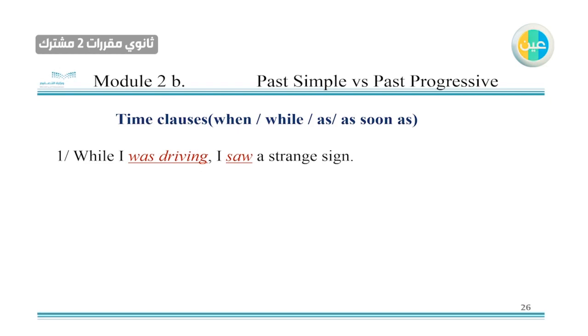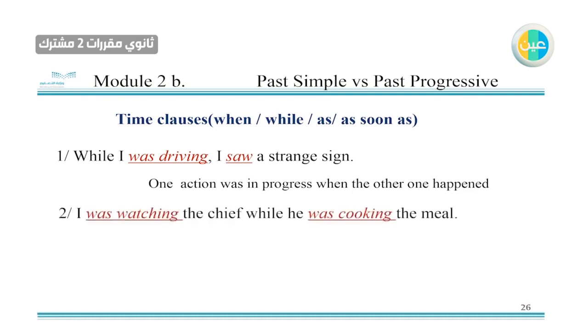When you have, for example, while I was driving, I saw a strange sign. You saw that while you were driving. So one action was in progress, which is driving, and then the other one happened: I saw the strange sign. Number two, I was watching the chef while he was cooking. So he was cooking and I was watching. These are two actions that happened at the same time.